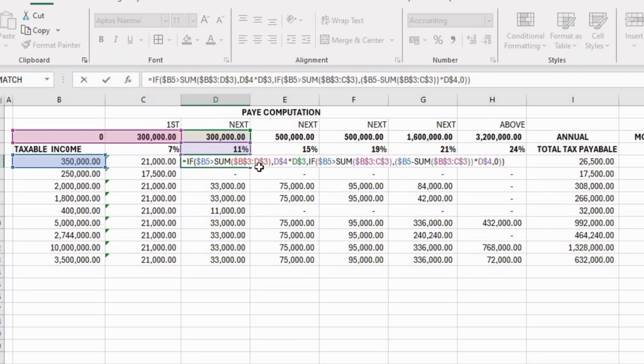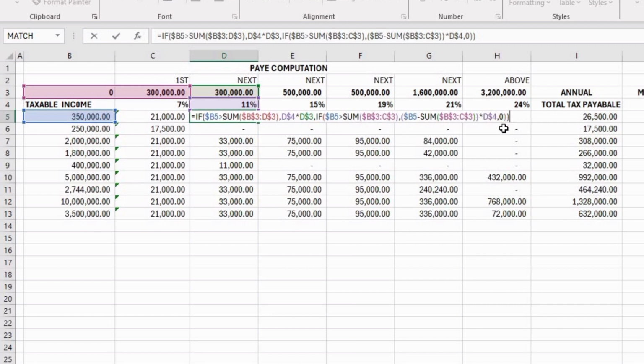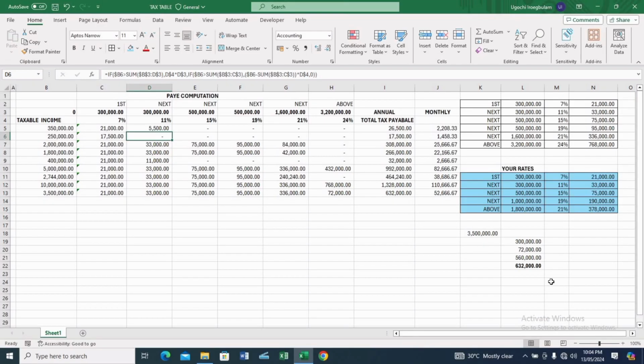What the second leg of the formula implies is that in a situation where the taxable income is not greater than 600,000, but it is greater than the first 300,000, what I then want is to find the excess above that 300,000 and apply the tax rate of 11% on it. But where my taxable income does not fall in either the first leg or the second leg, then let my result be 0.